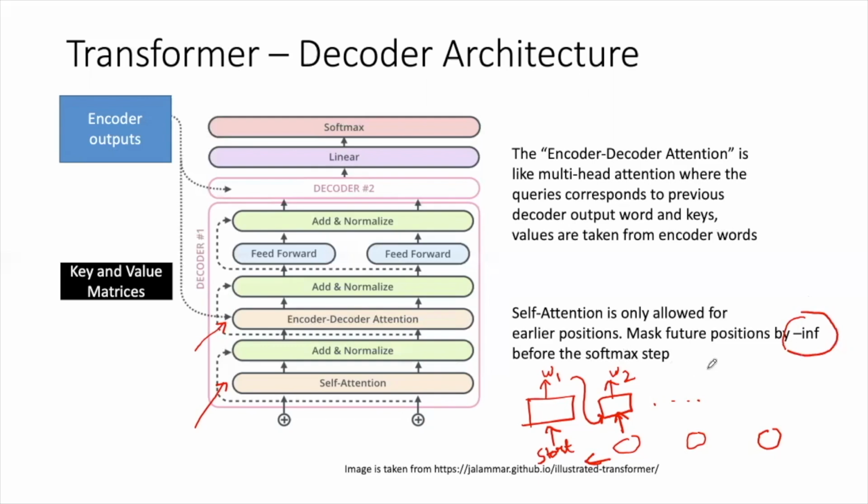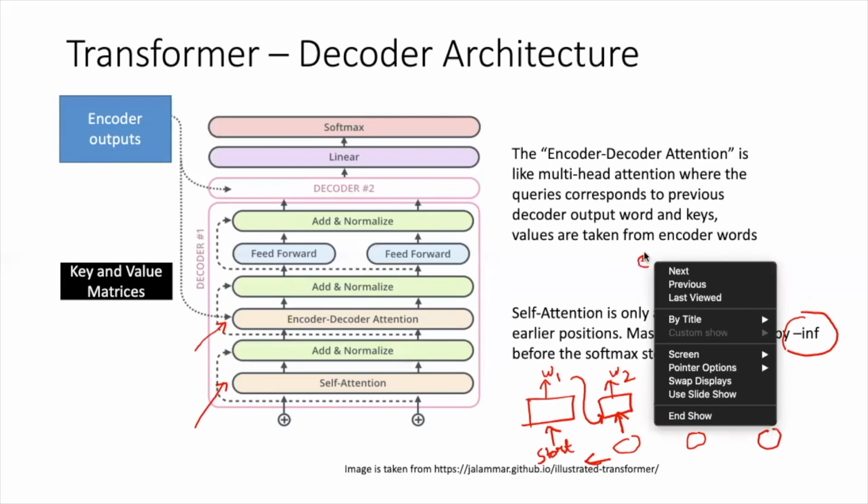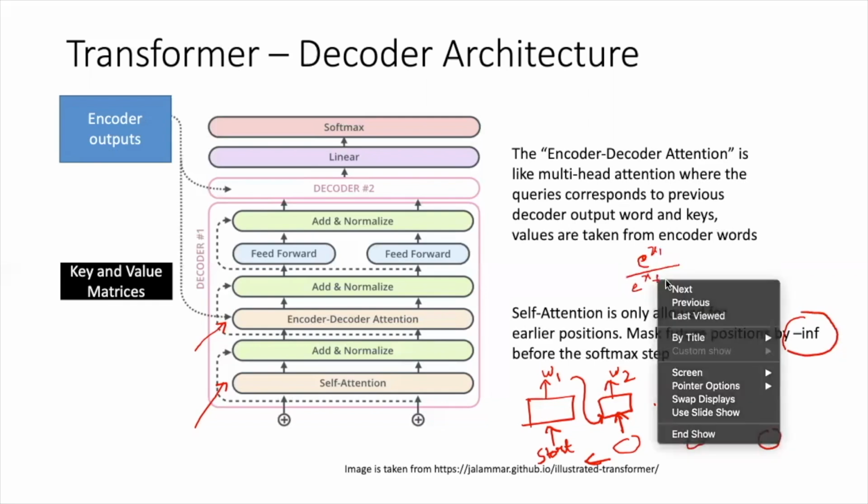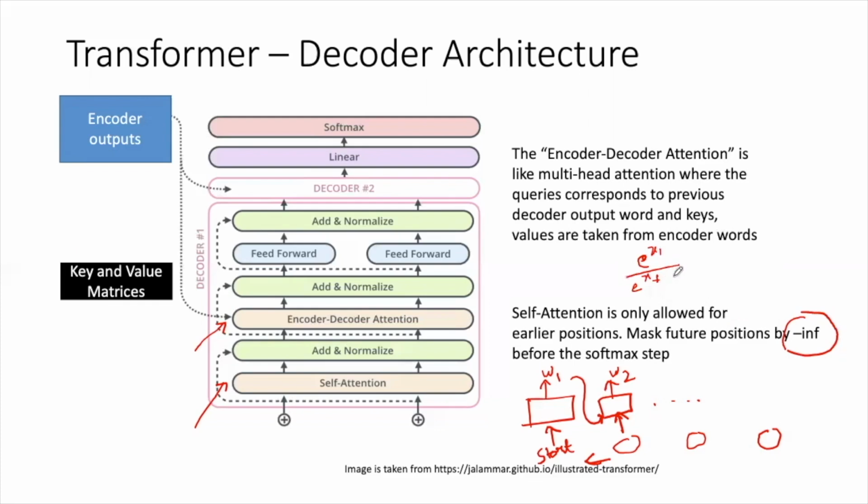Since we assign -infinity, in the process of softmax, the scores associated with all the future words turn out to be 0. Typically in a softmax, we compute e to the power x1 divided by e to the power x1 plus e to the power x2 and so on.